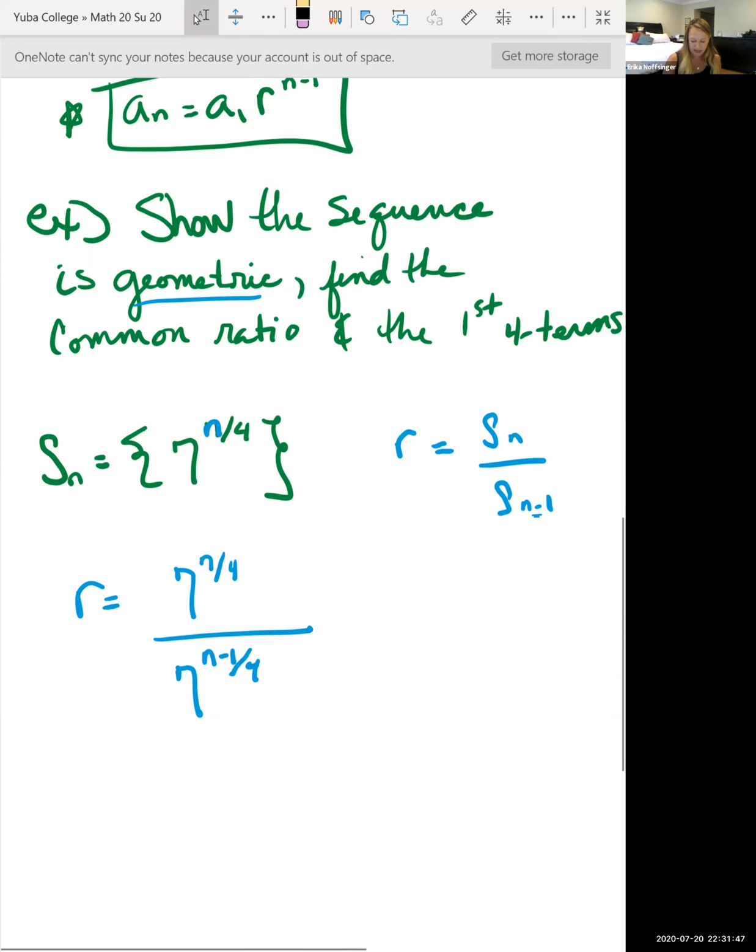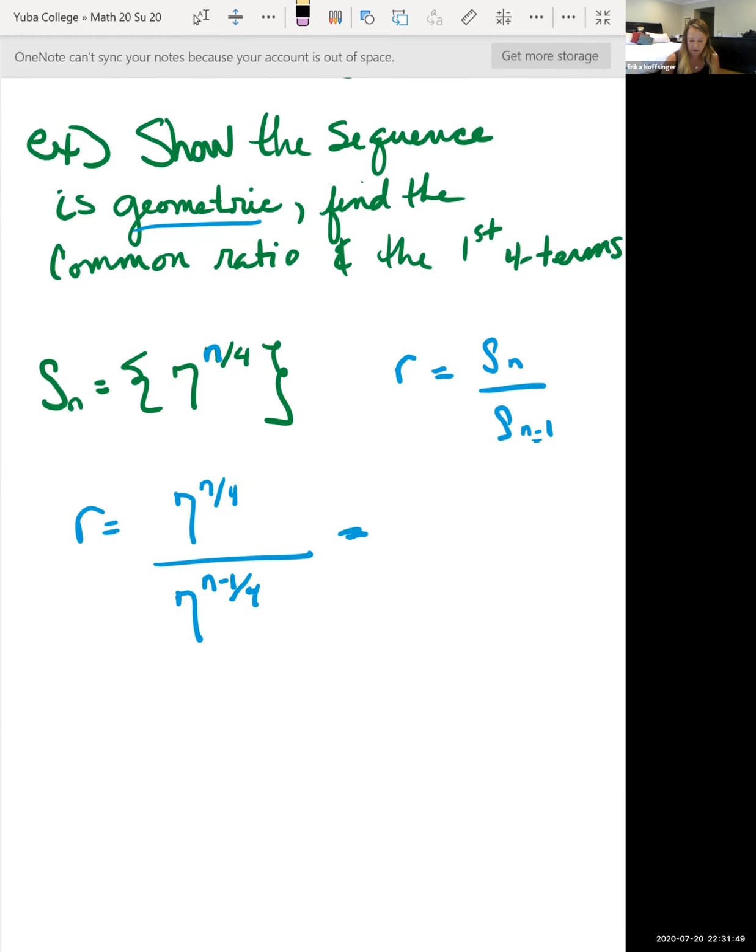So, rules of exponents. Division, you want to subtract exponents if we have the same base. So we have n over 4 minus the exponent on the bottom, n minus 1 over 4. Be careful, we have to distribute that negative outside of the parenthesis to the numerator.